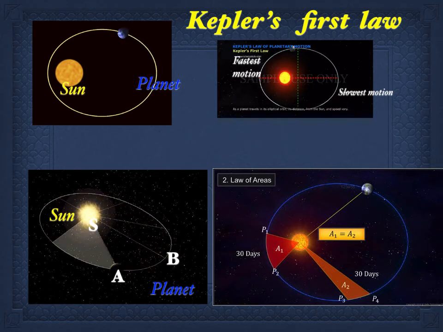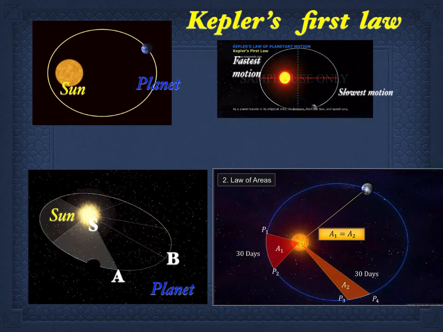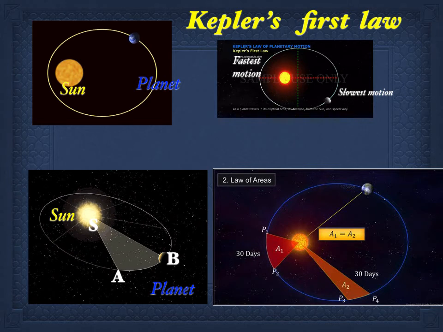So the straight lines P1S and P3S sweep equal areas in equal intervals of time, that is 1 month or 30 days. That is, the areas P1 S P2 and P3 S P4 are equal, that is, A1 is equal to A2.